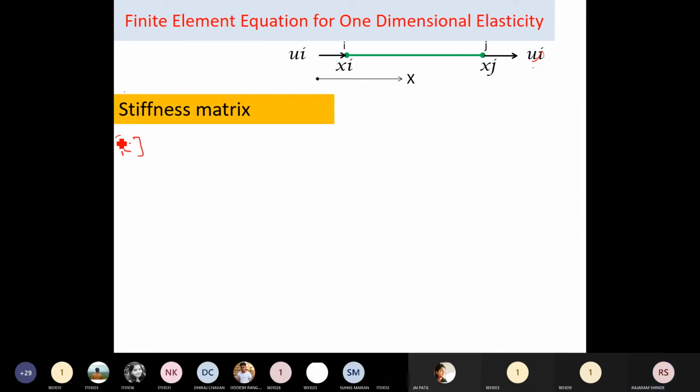k is equal to integration of B transpose D into B, its integration over dV.